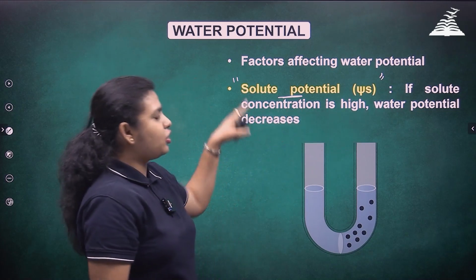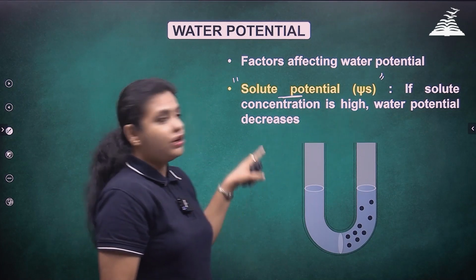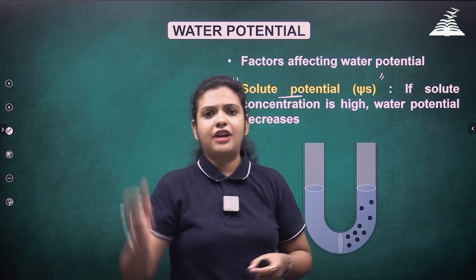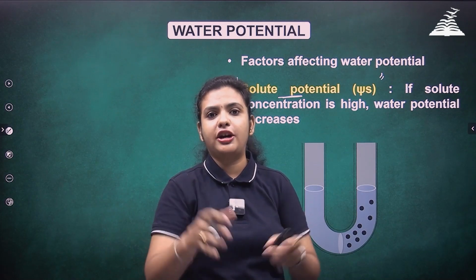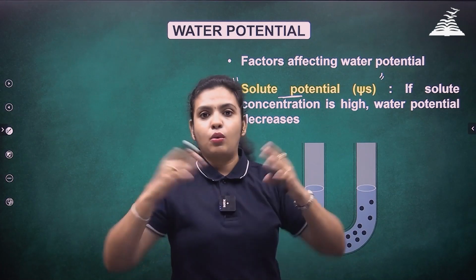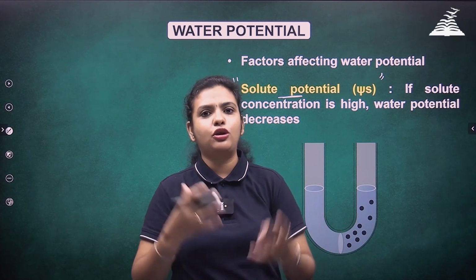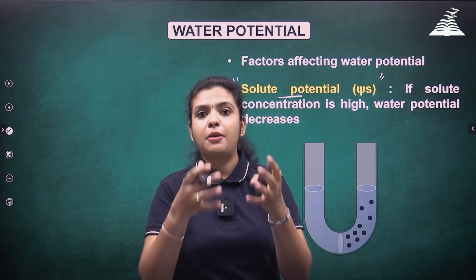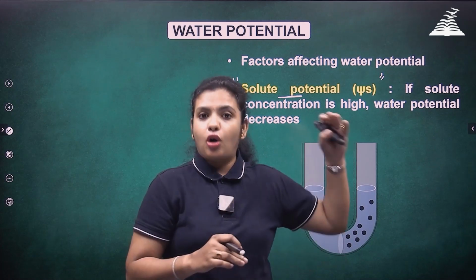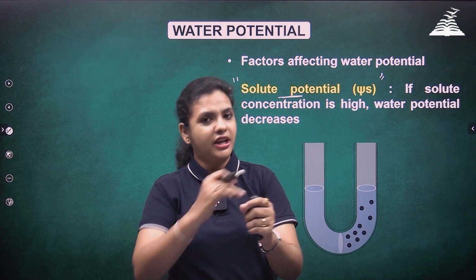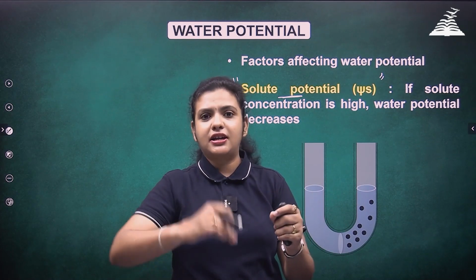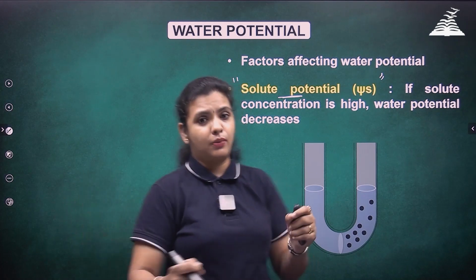If the solute concentration is high, water potential decreases. Imagine I add 5 or 6 spoons of sugar into that water. What will happen? Water gets saturated. There will be no more water molecules to go bind onto that sugar. So automatically water potential decreases, right? That is how it reaches the negative value.